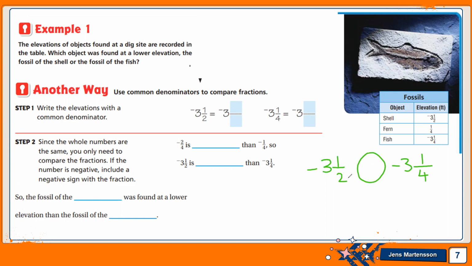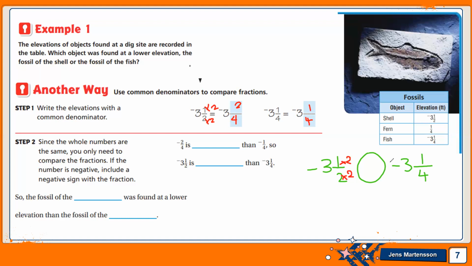We're going to multiply the denominator here by 2. 2 times 2 equals 4. So you multiply here by 2 and up by 2, so it comes like -3 and 2/4. And here keep it as -3 and 1/4.